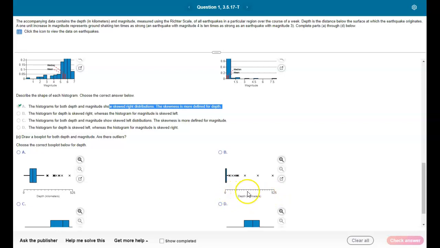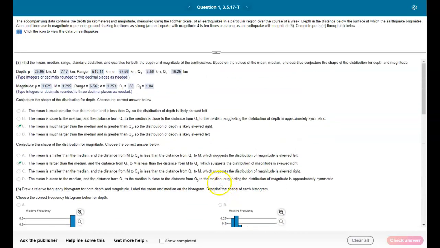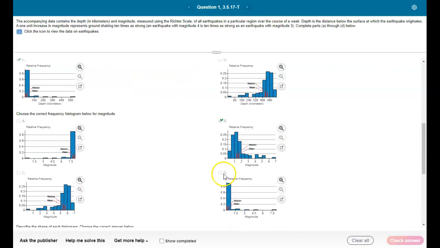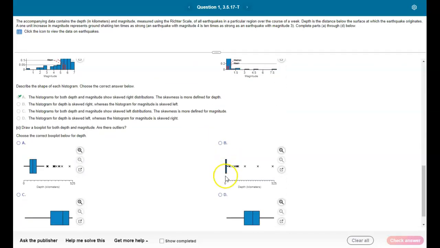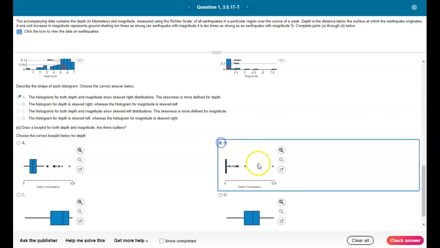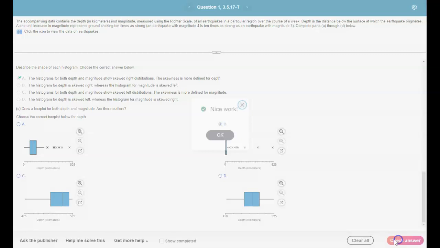Each of these tick marks may represent, I don't know, 20, 25 points, right? And if I come back to Q1 and Q3 for depth, notice they're around 2 or 3 and 16. So those lines that create the box are going to be really close to the 0 end of this scale. So that one makes more sense for the depth box plot.